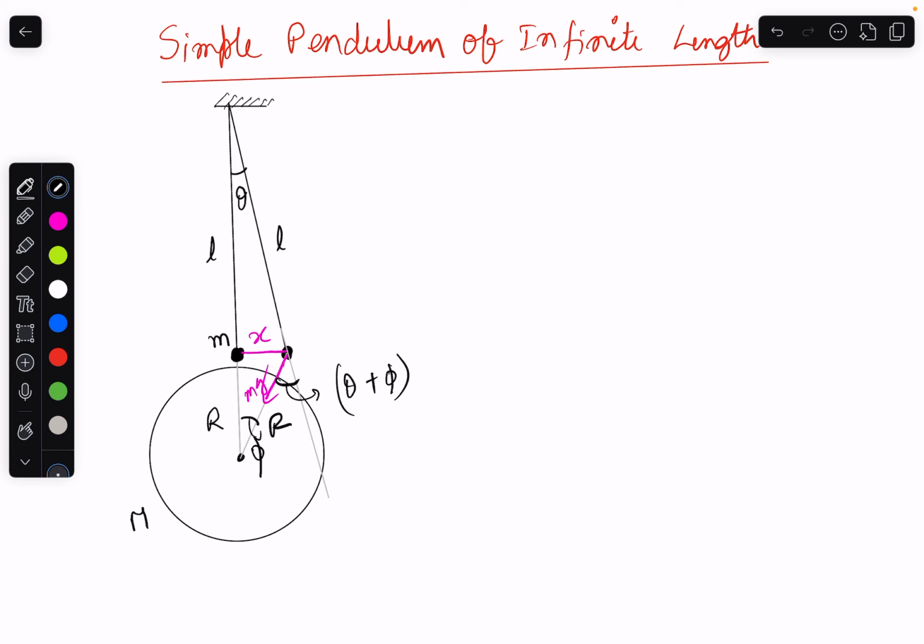Now the restoring torque will be acting in this direction, and this component of the restoring torque will be mg sine theta plus phi.